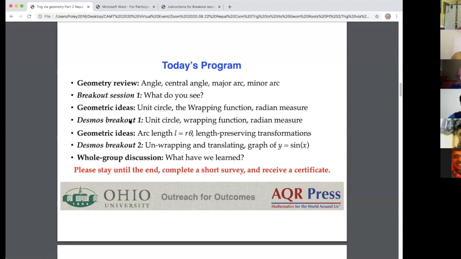The second and third breakout sessions will involve Desmos. The first Desmos session will look at the unit circle and something called a wrapping function in radian measure. And then we'll discuss the idea of arc length and length preserving transformations. We're going to be doing wrapping and unwrapping today.